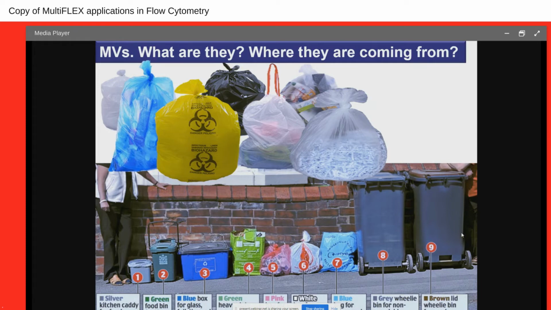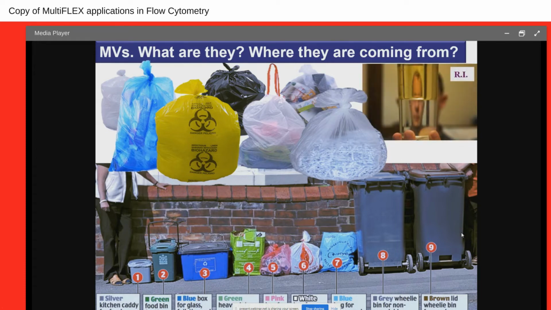This is what the users want to do, characterize these different bags. When we look at each one of them, we can see the refraction index is different based on two things: what they have outside and what they have inside, the characteristics of the package and the content.